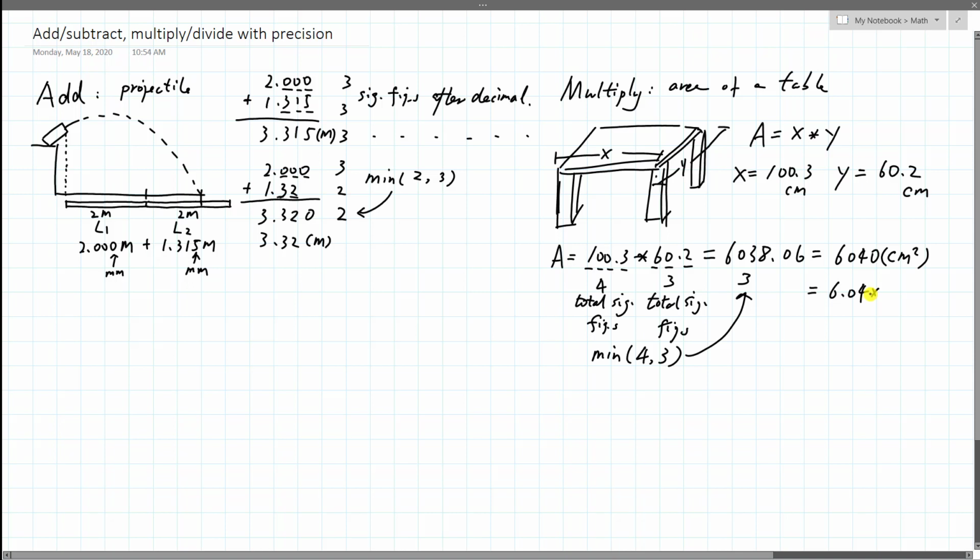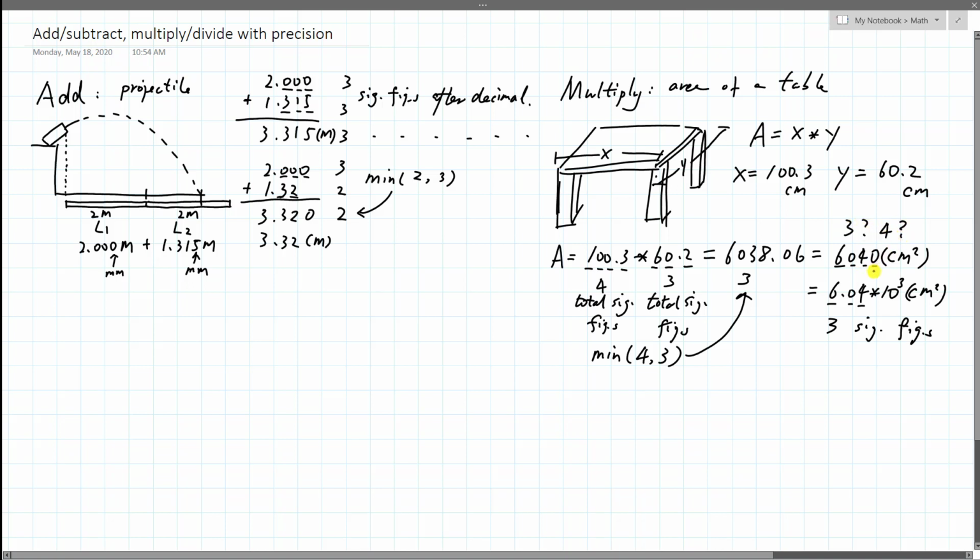So times 10 to the third power, and that's centimeters squared. So 1, 2, 3. So this is 3 sig figs, and this is 3 or 4, right? So you don't know.